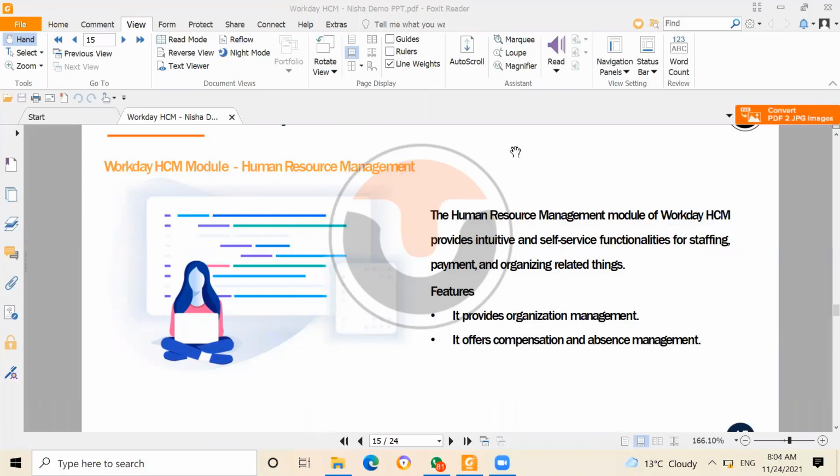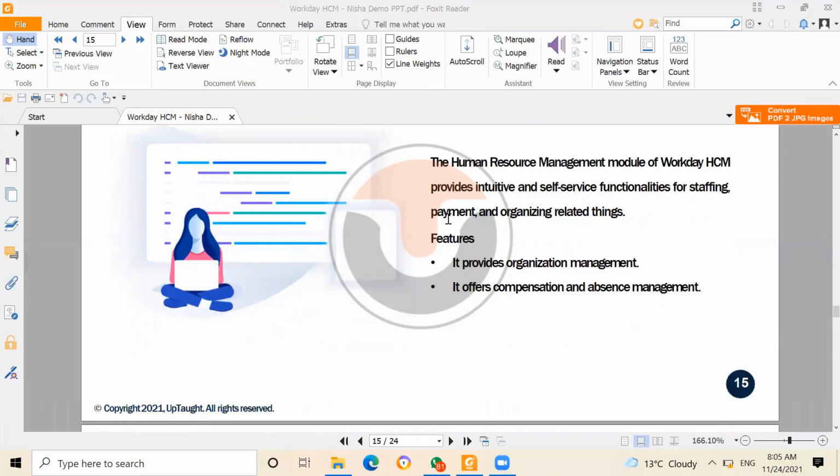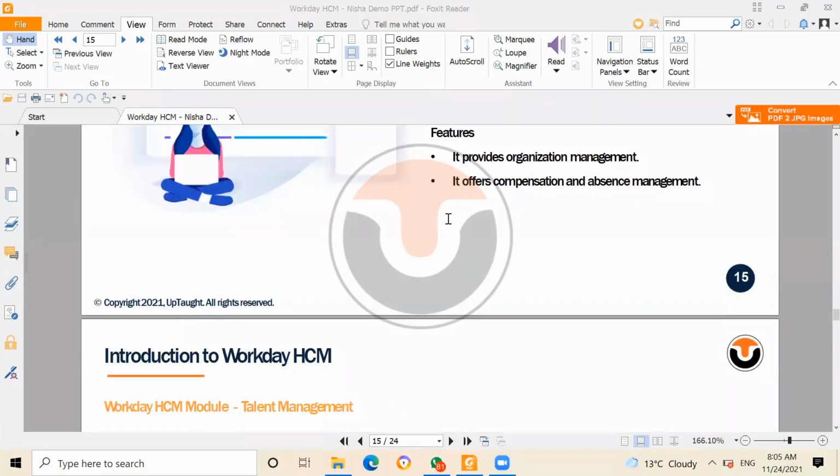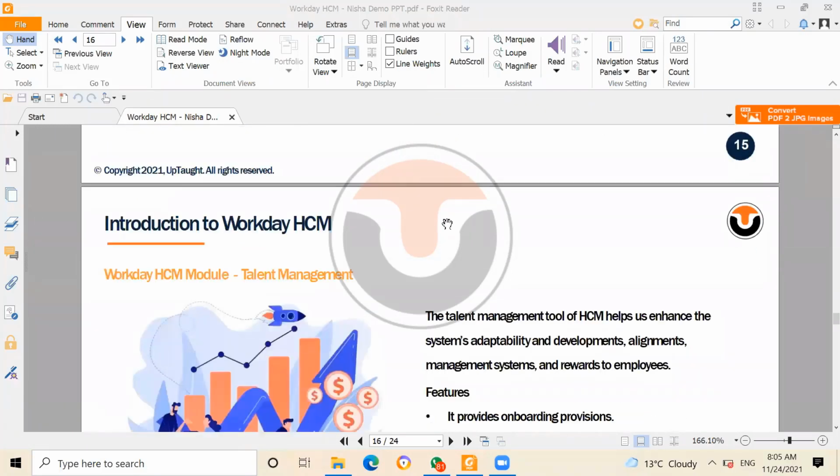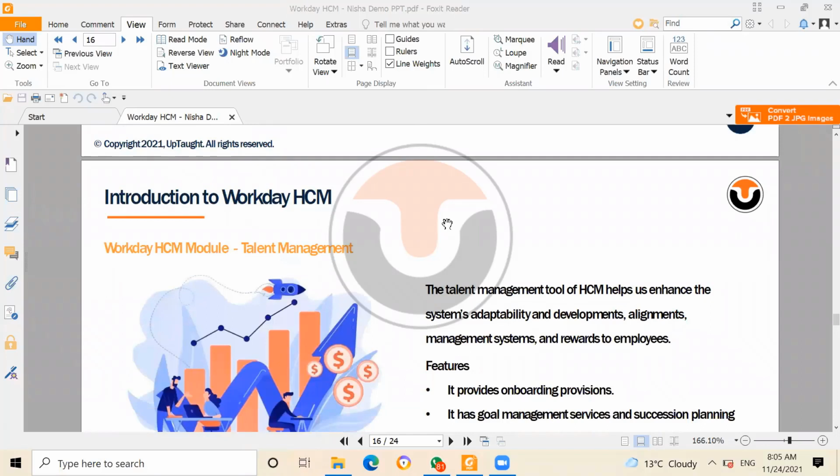That we will learn in the classes. You are not from the HR domain, but you should have basic knowledge of what kind of things we do in HR. I will cover it one by one. First we will give you the theoretical base in classes, and then I'll show you how to configure it. So theory and practical.